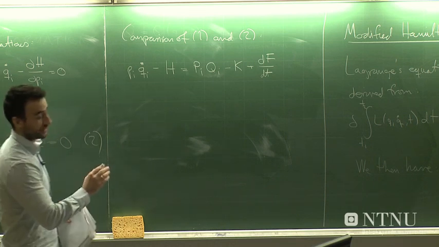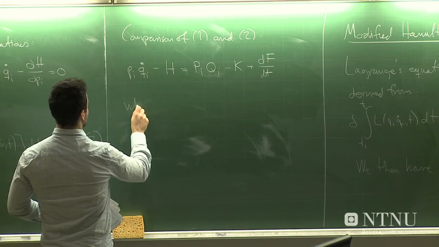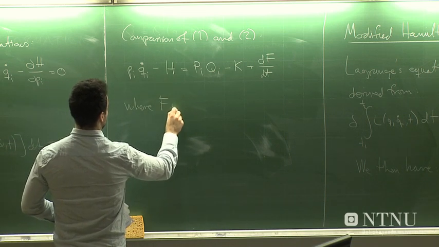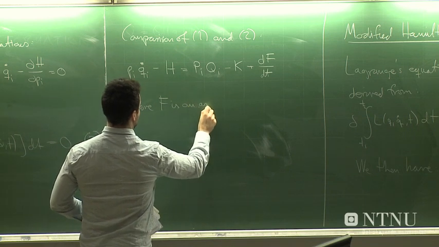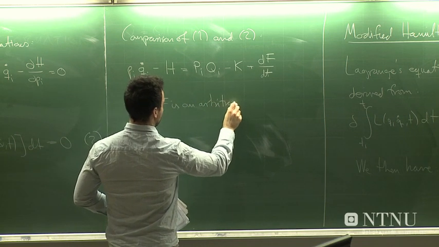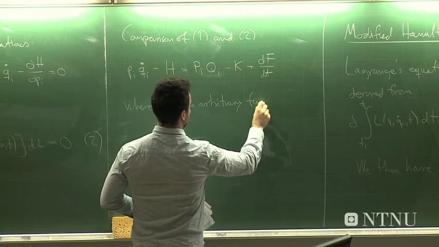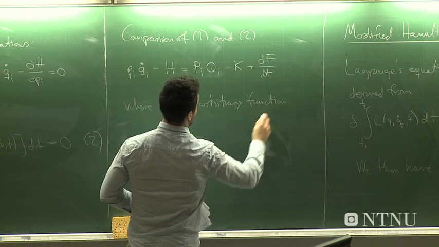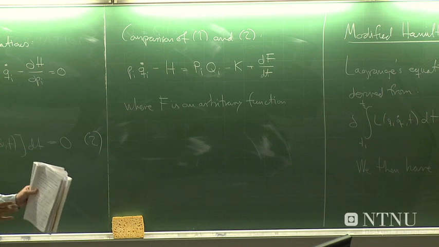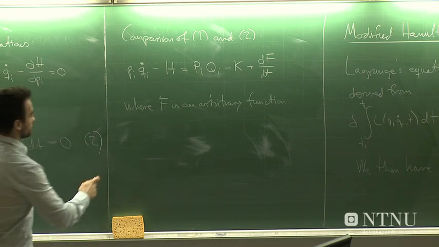Where now f is an arbitrary function, with one exception: it has to have zero variation at the endpoints.